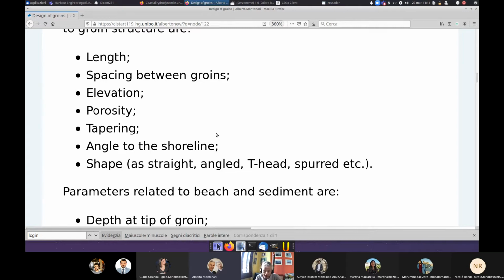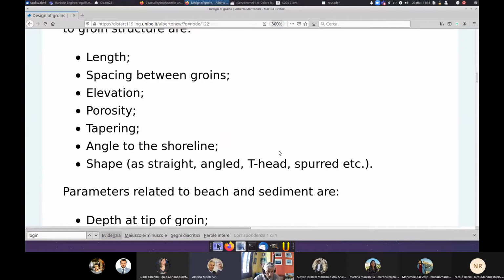Of course, if groins are partially submerged or submerged, they are more permeable. There is the porosity, which has an influence on the permeability of the groins. Tapering is the shape of the groin, which may have a conic shape with a larger top width at the shoreline and a smaller width as you advance into the ocean.